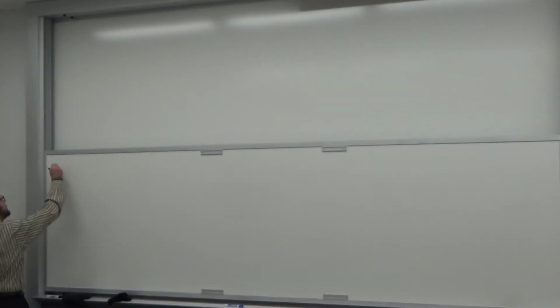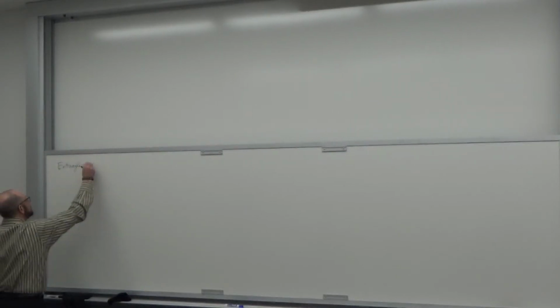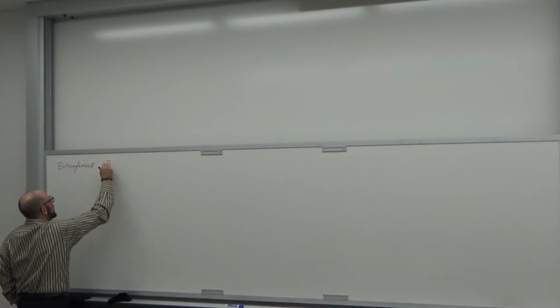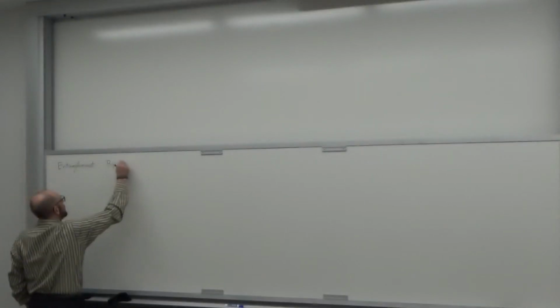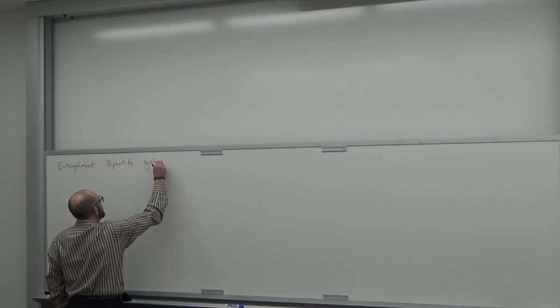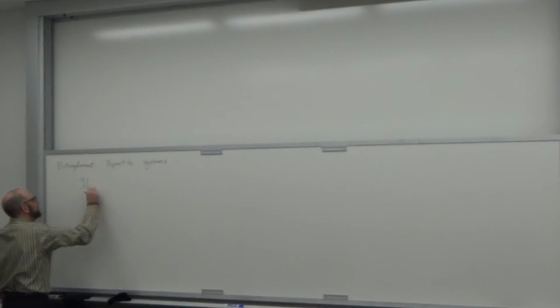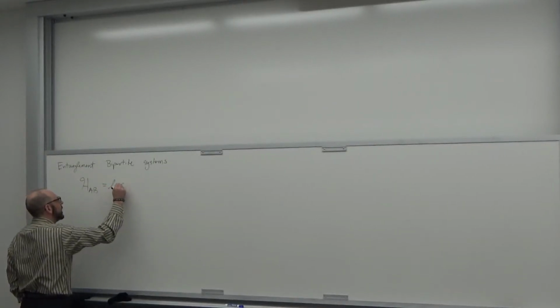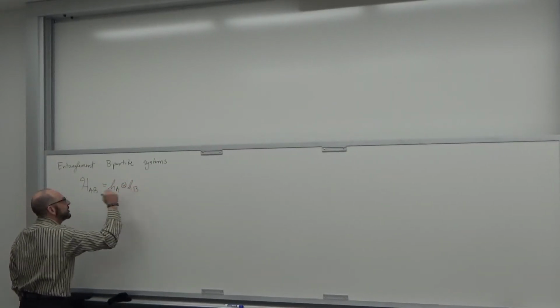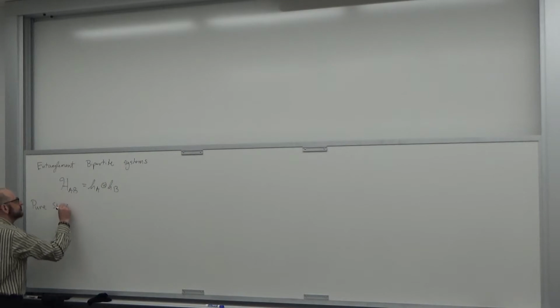So we talked about entanglement in the context of bipartite systems. So we have a joint system which we can think about as a tensor product of two subsystems, and we have a pure state that we're considering at the moment.